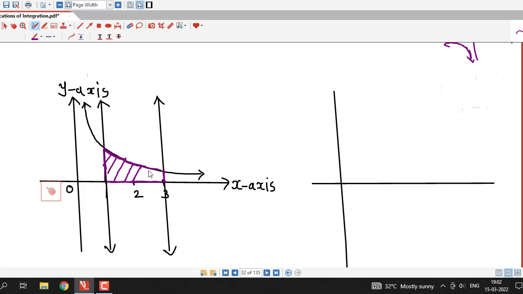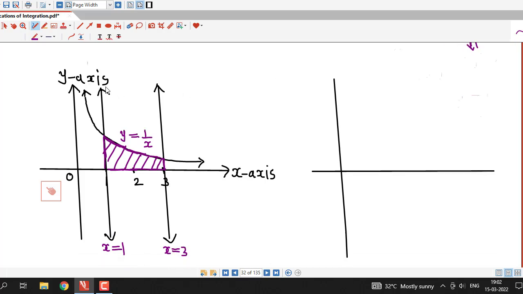So this is the plane region bounded by y equal to 1 by x, x equal to 1, and x equal to 3. So now we imagine what will be the solid generated by rotating this plane region about x-axis.